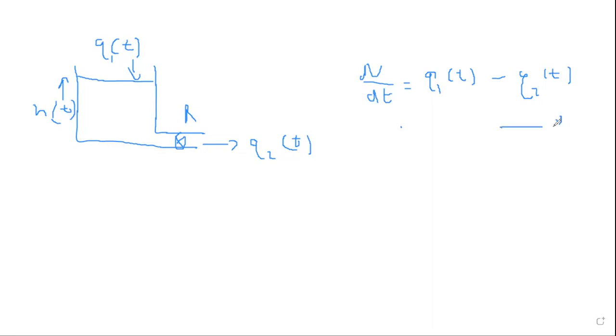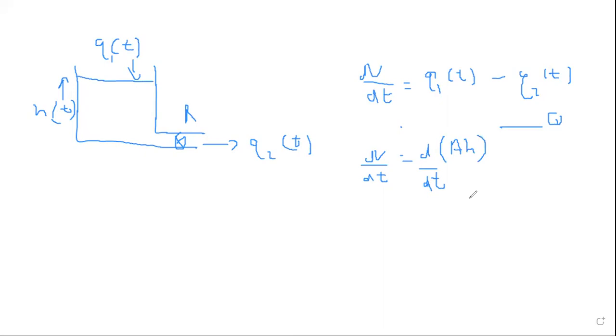Then we can get the earlier equation that we got. We can get dV over dt and expand it. We know the area of the bottom of this, we can neglect this part, and call the area A. So dV over dt equals d over dt of A times h.